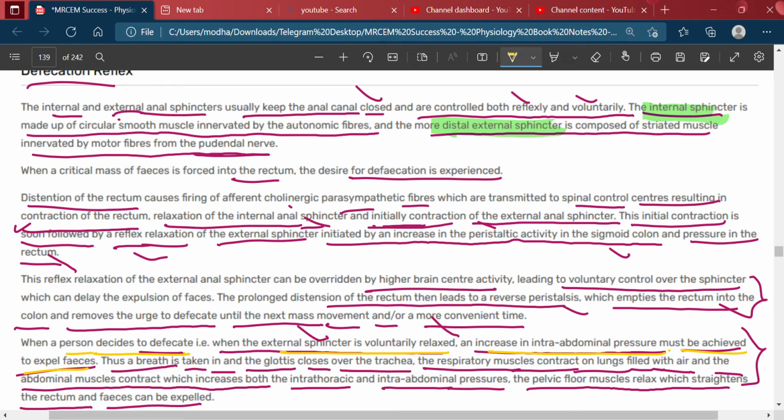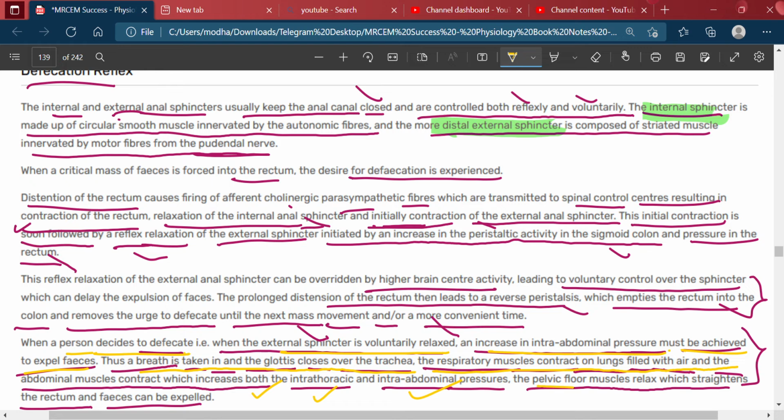First a breath is taken in, then the glottis closes over the trachea, then the respiratory muscles contract on the lung filled with air, and the abdominal muscles contract, which increases both the intrathoracic and intra-abdominal pressure.